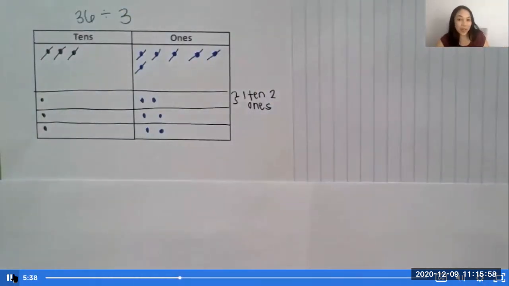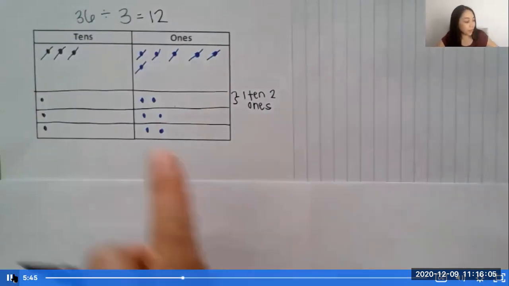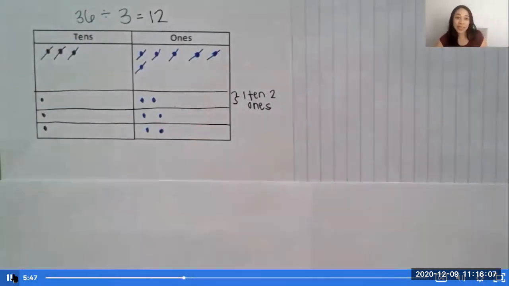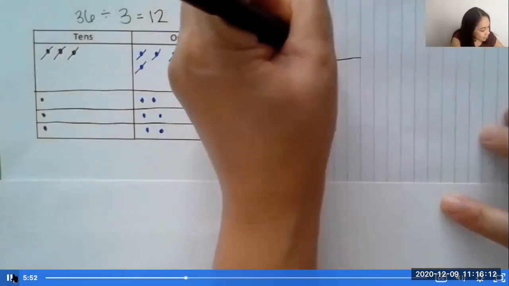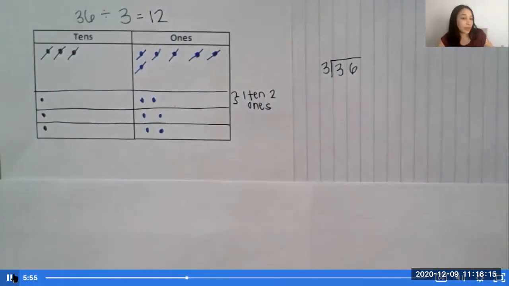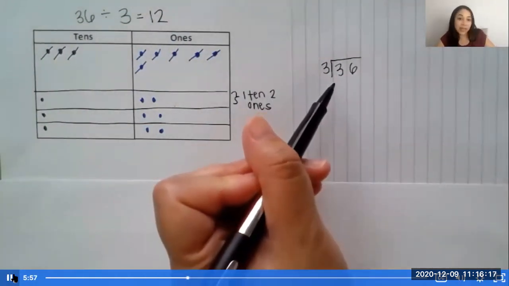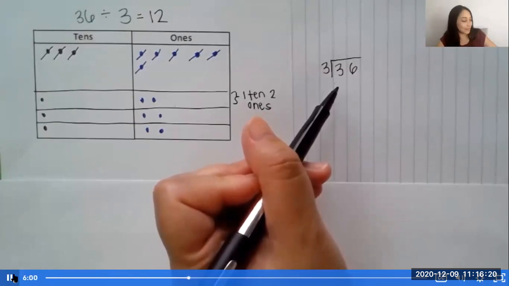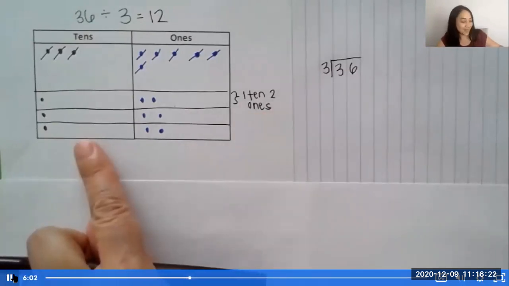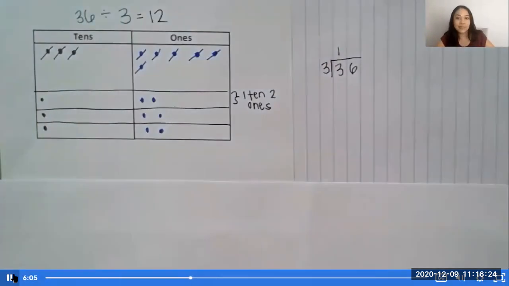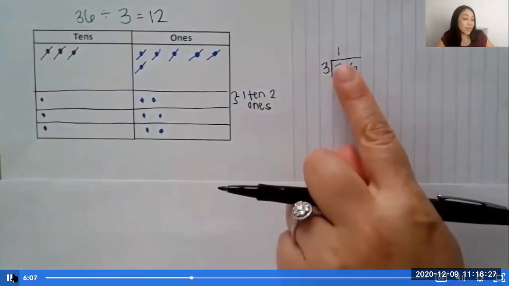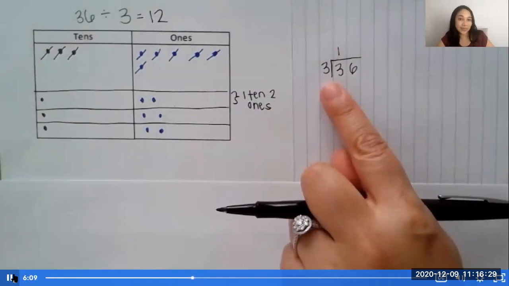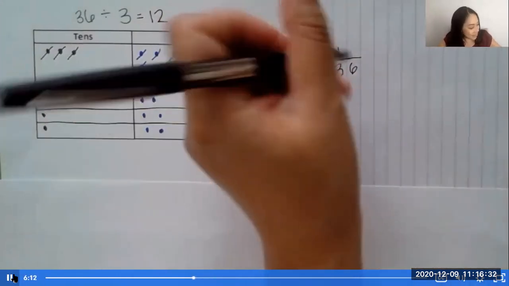What is 36 divided by 3? 12. Let's use our model as a reference as we represent 36 divided by 3 using numbers. 3 tens divided by 3 is 1 ten. 1 ten times 3 equals 3 tens.